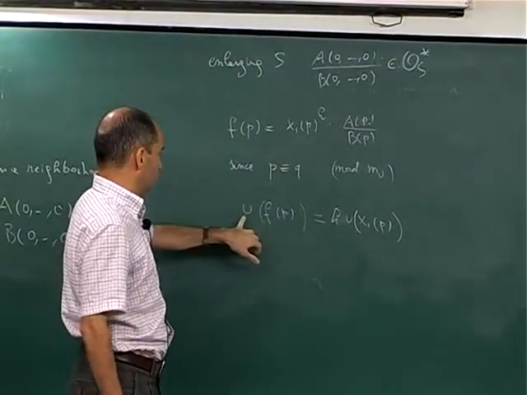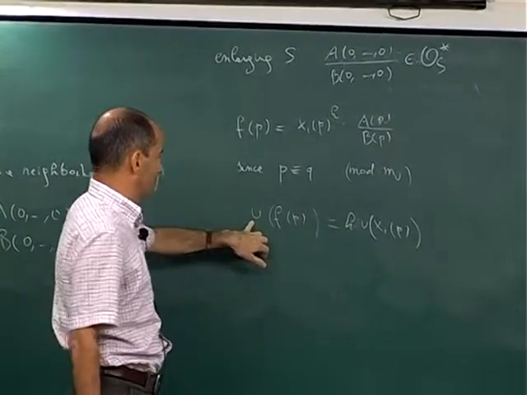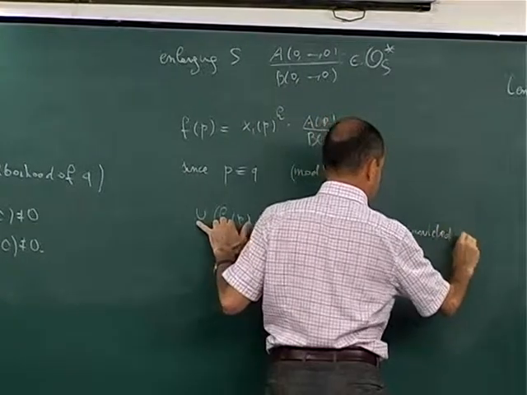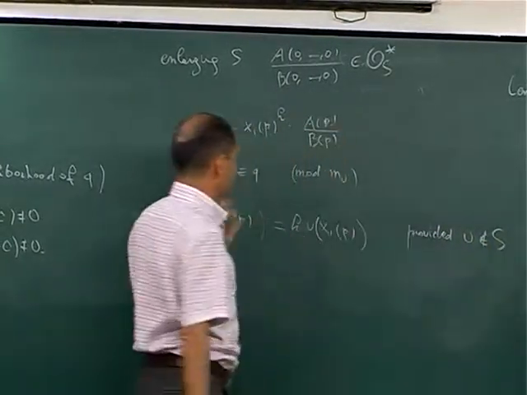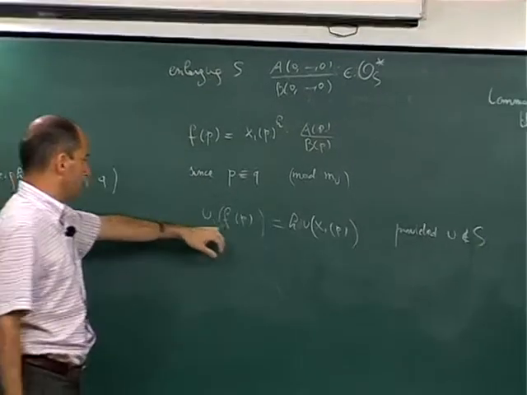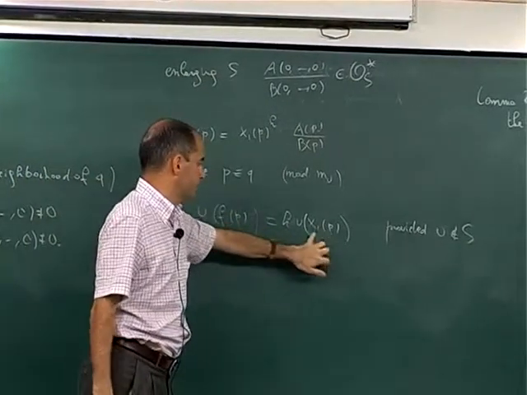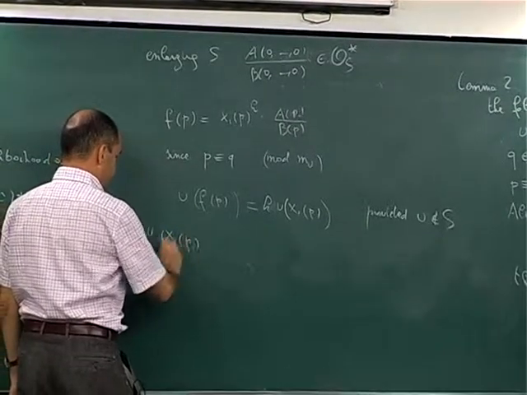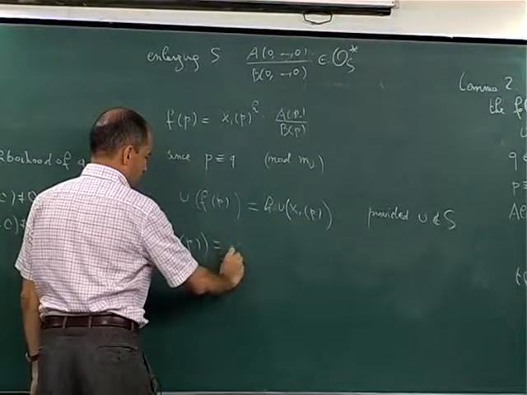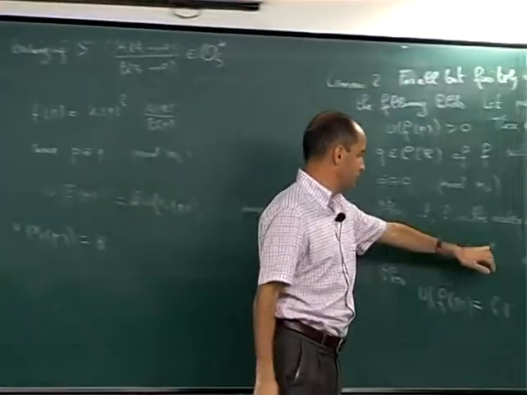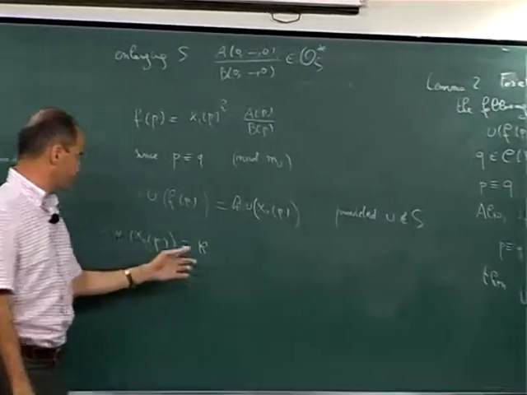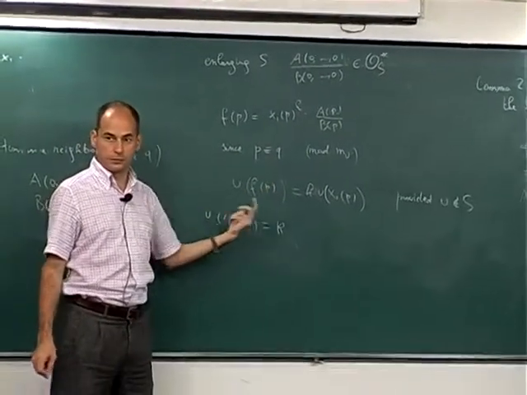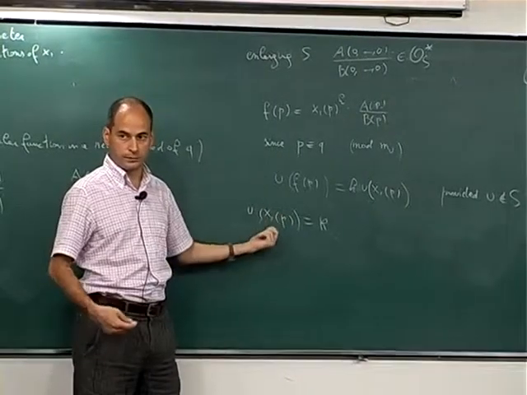So for all nu, provided nu does not belong to this enlarged set S, and now nu of x1 of P is actually this number k, because the order of the local parameter gives the distance between P and the origin.